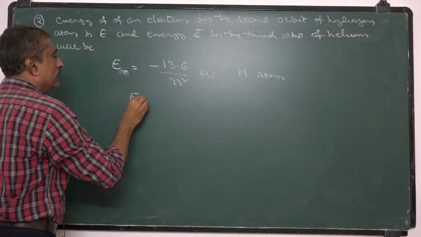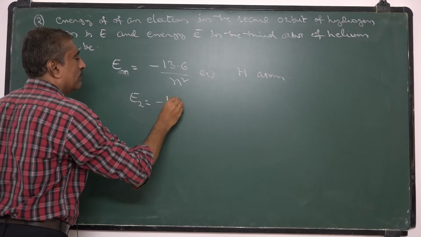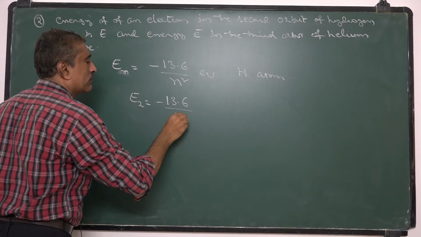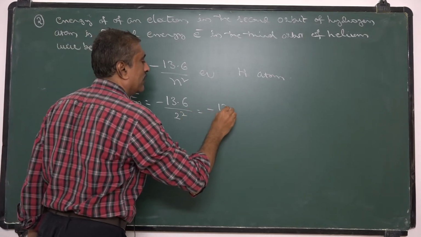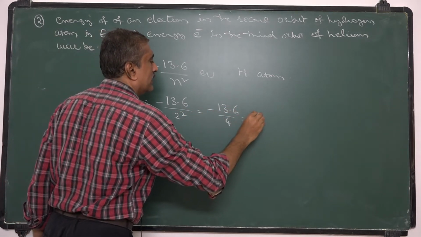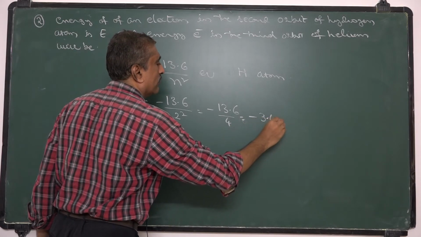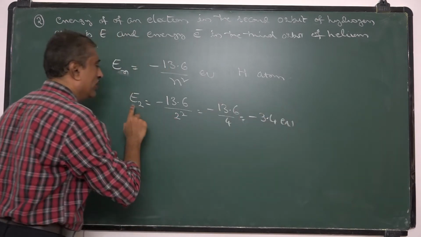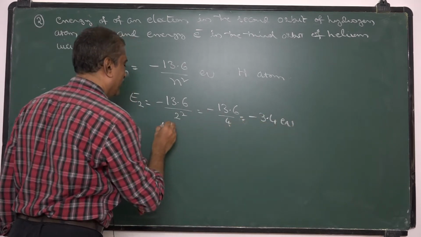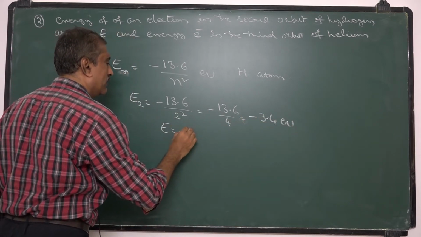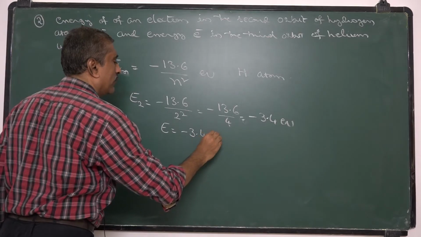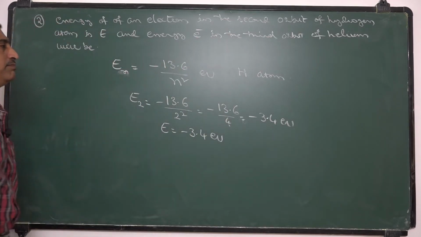So E2 is equal to minus 13.6 by 2 square, that is minus 13.6 by 4, that is minus 3.4 electron volt. So assume that this energy is E. So E is equal to minus 3.4 electron volt, that is given.